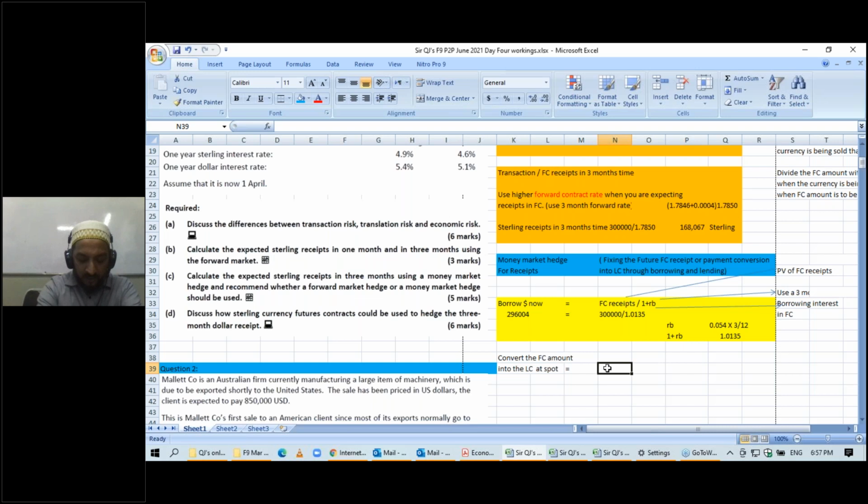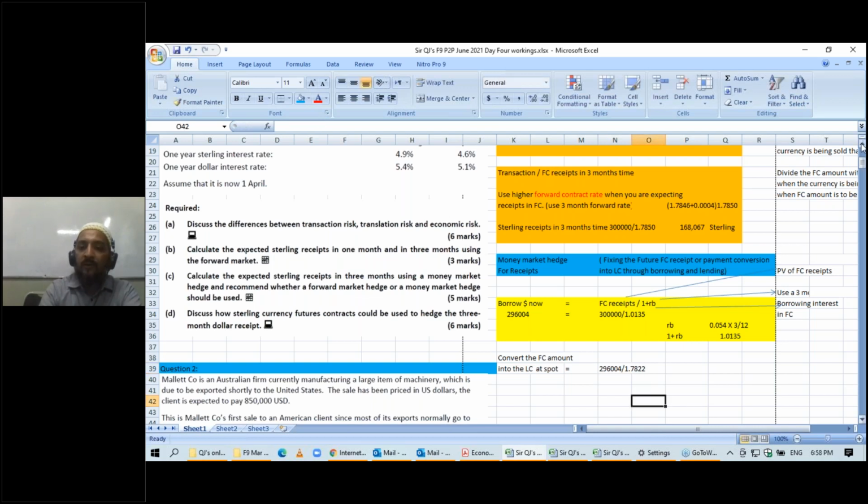Keep in mind, over here, 296,004, the amount at which we arrived in the first block, is divided by the spot rate, which is the higher rate. Do not use the forward rate. Remember, use the spot rate. We are not using the forward contract anymore. It was in the previous part that we were using the forward contract. Dividing it by 1.7822.